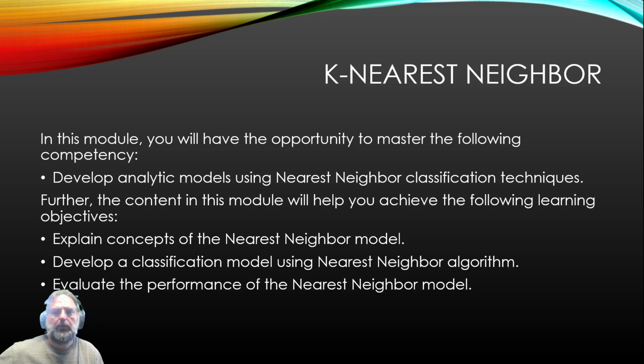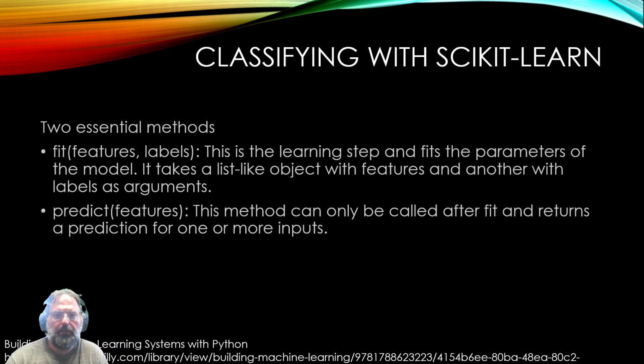In particular, we're going to talk today about the k-nearest neighbor approach to classification. When we're talking about this, we're going to discuss kind of why you do it and how you might. And in particular, you're likely going to use a library like scikit-learn. There's kind of 2 methods within that class that are really important when you're doing classification. One of them is fit, and this is essentially where you're training the model.